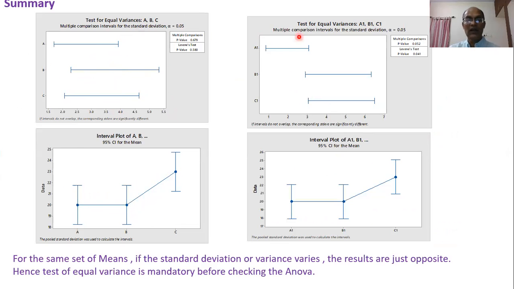But when the test of equal variance fails, when the variances are not equal, even though the mean values remain the same, it is saying that the means are not significantly different from each other. So for the same set of means, if the standard deviation or variance varies, the results are just opposite. Hence, the test of equal variance is mandatory. So we have to essentially do the test of equal variance before doing any Anova study. So that is the outcome of this particular exercise.